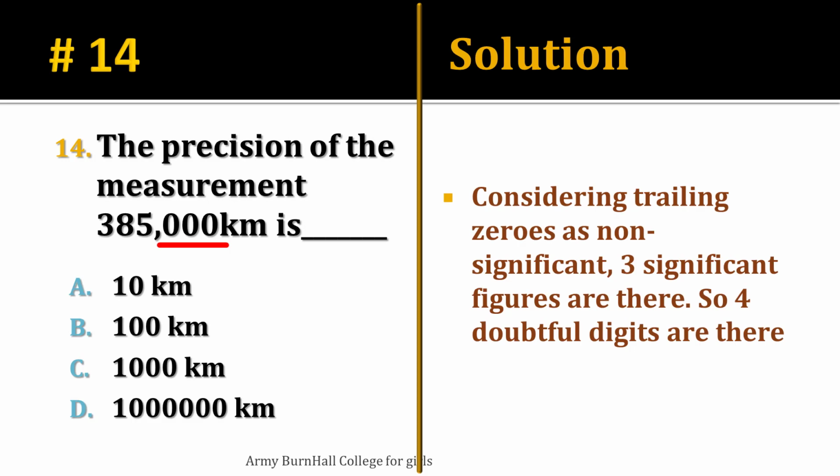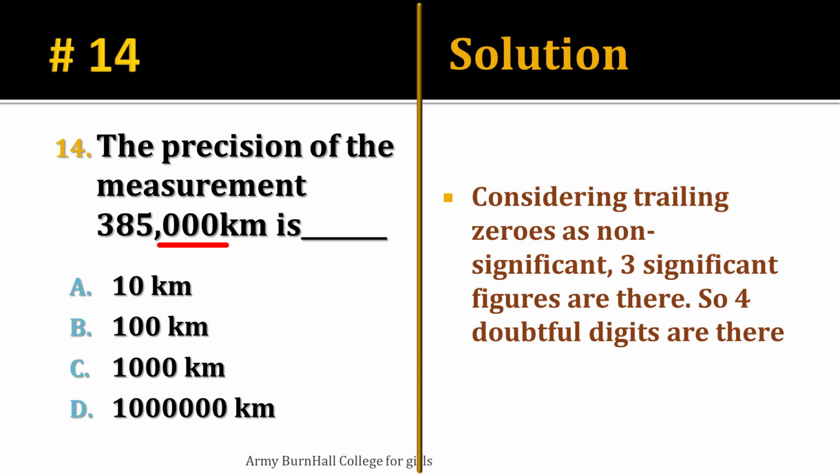If you are having the value 385,000 kilometers, over here only 3 significant figures are considered, 3, 8 and 5. So it means that 3 and 8 are accurately known and 5 is doubtful. So in this whole value we are having 4 doubtful digits.